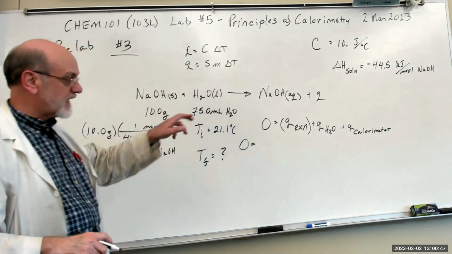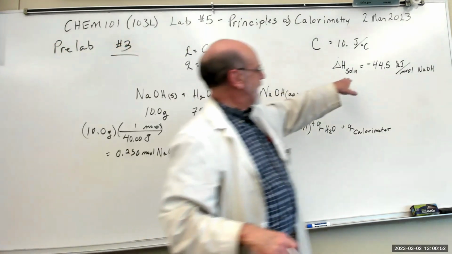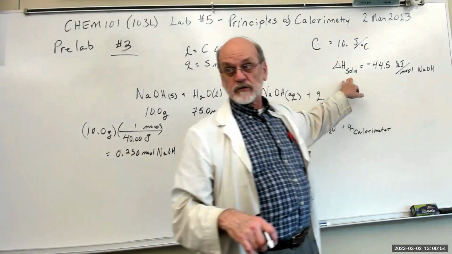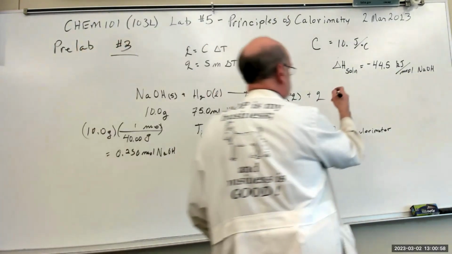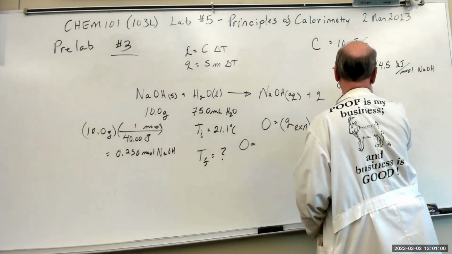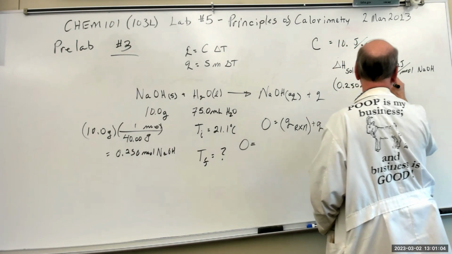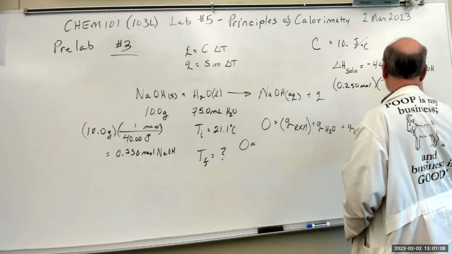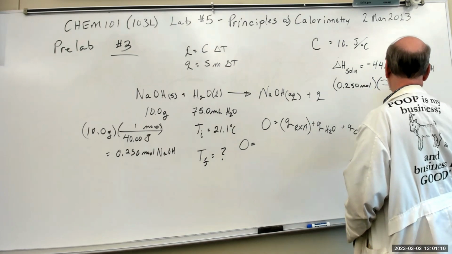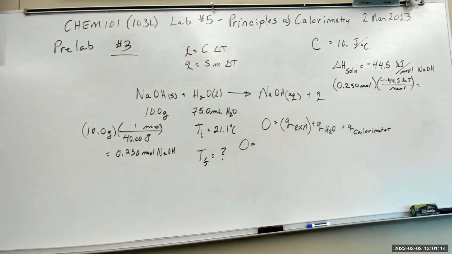We're going to calculate that heat term from the number of moles of sodium hydroxide and its heat of solution. So once we've got the number of moles, then all we need to do is multiply by minus 44.5 kilojoules per mole. And that'll give us the heat of the reaction.